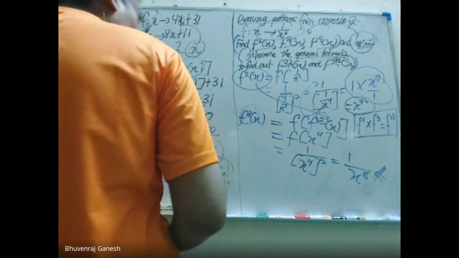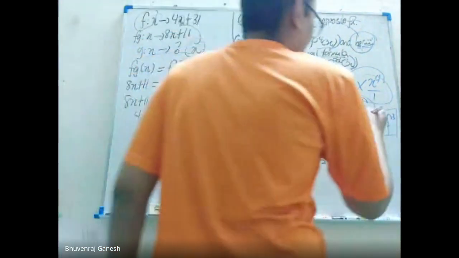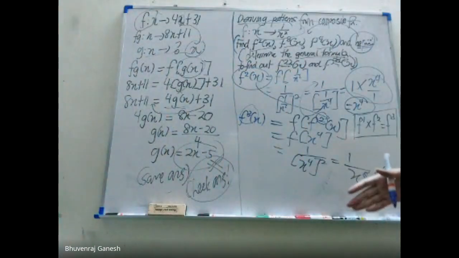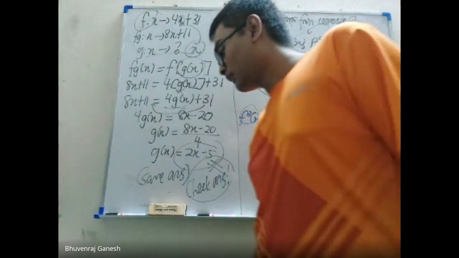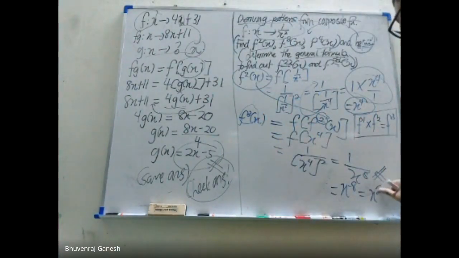So later on you can write in the form like this because we want it consistent, right? We want only x power something. So you can change to x power negative 8, or x to the power of negative 2 power of 3, so that we get the same base.